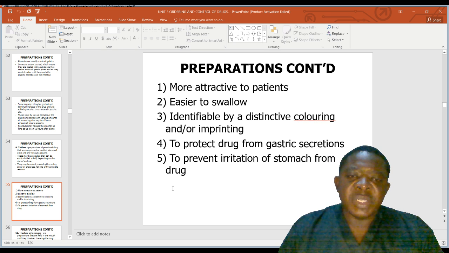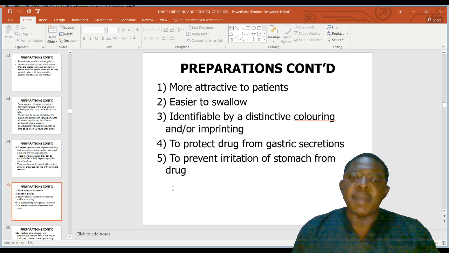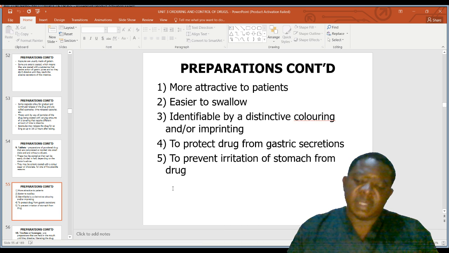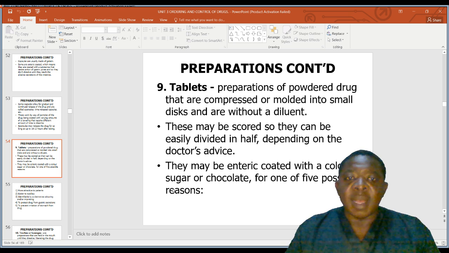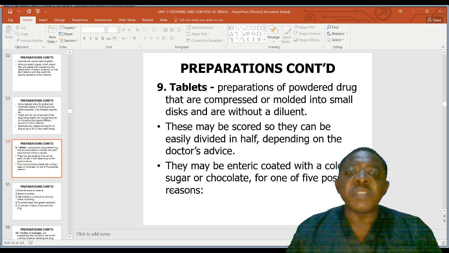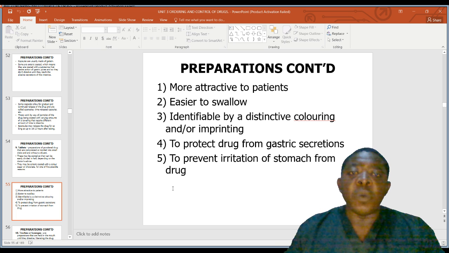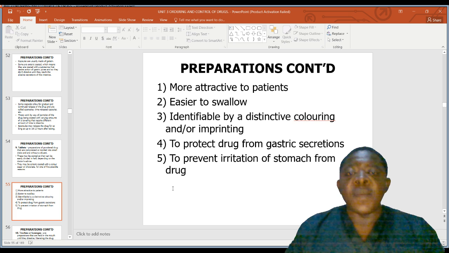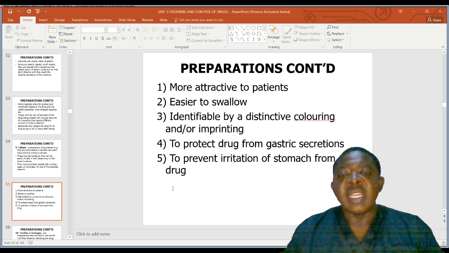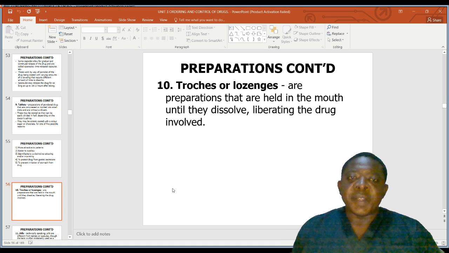Then the other reason is to prevent irritation of the stomach from the drug. So that is the reason why some of these tablets may have different colors. They look more attractive, are easier to swallow, serve identity purposes, protect the drug from gastric secretion and prevent irritation of the stomach.